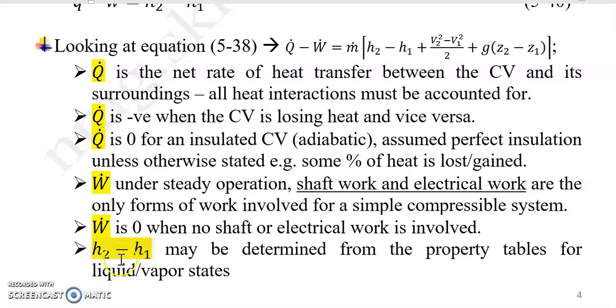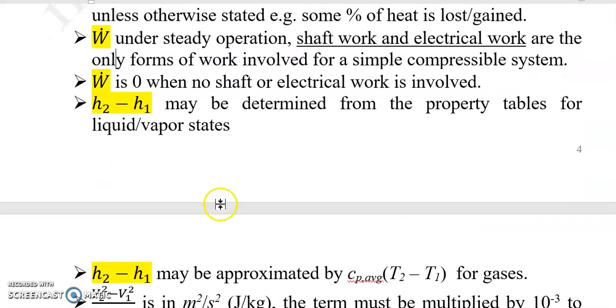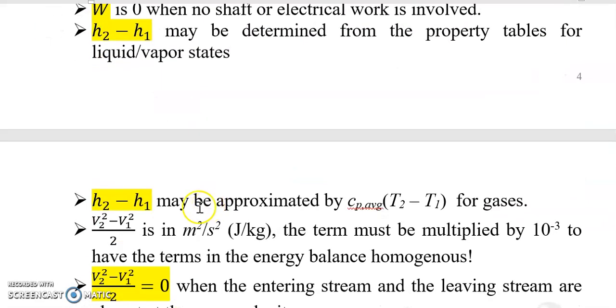Then you can get the enthalpy at that state of the working fluid. Same goes with the inlet. For ideal gases, this difference of exit and inlet, for single exit, single inlet, may be approximated by just Cp average times (T2 minus T1). This was presented in the preceding module before this.